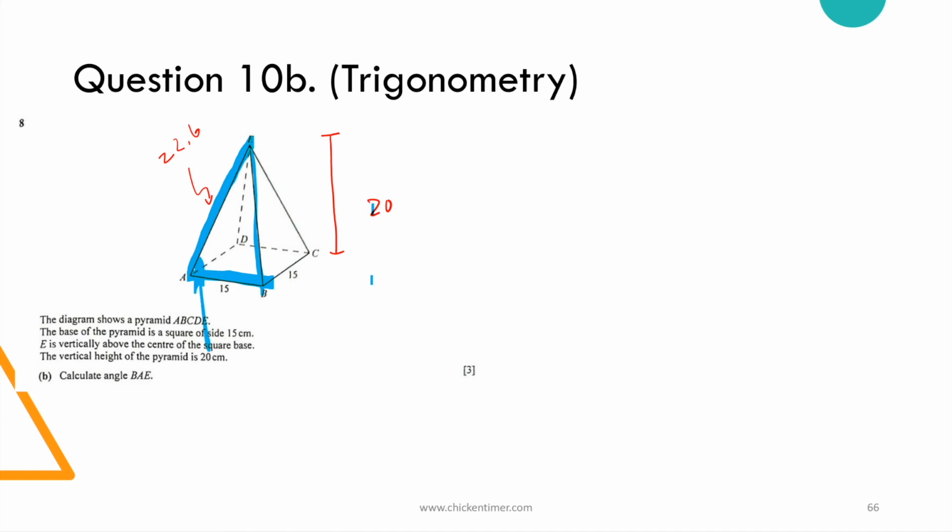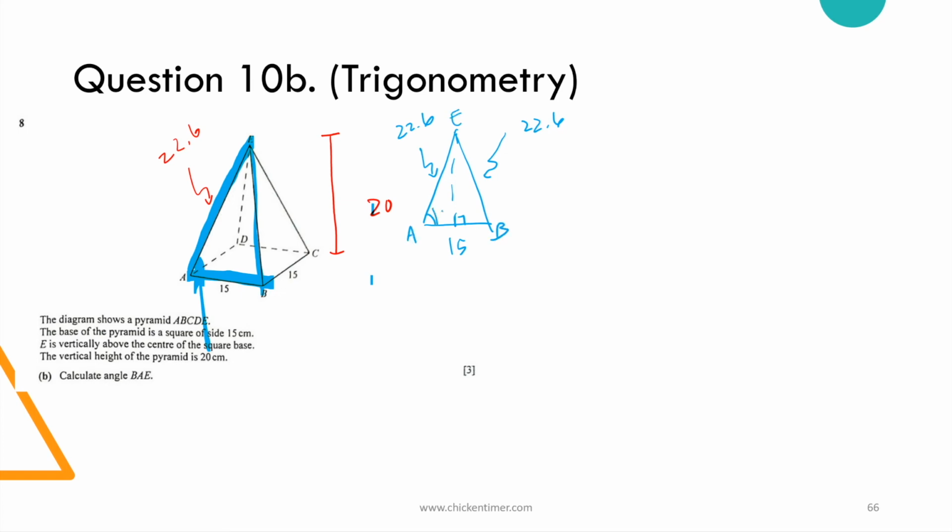So the triangle involved would be triangle BAE. So I draw it out. Then this is 22.6. Because we have a square base, we can easily say that this is also an isosceles triangle.